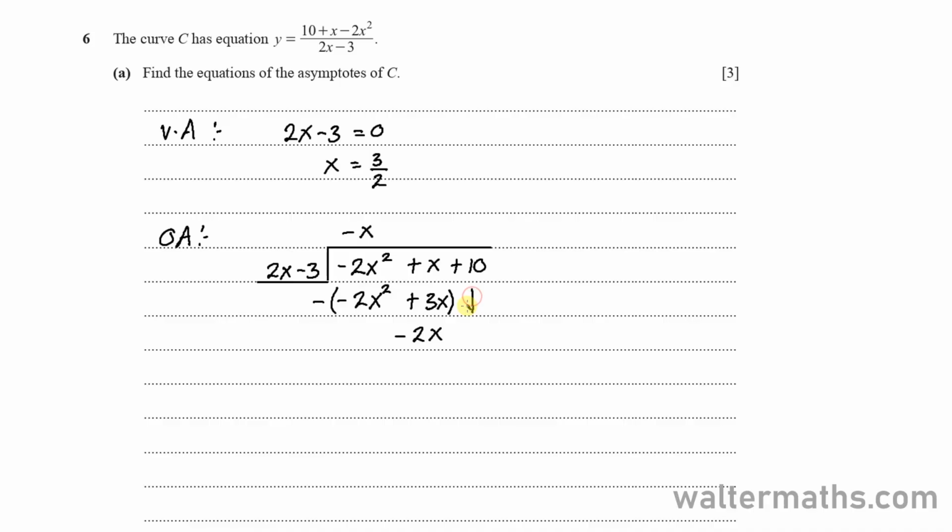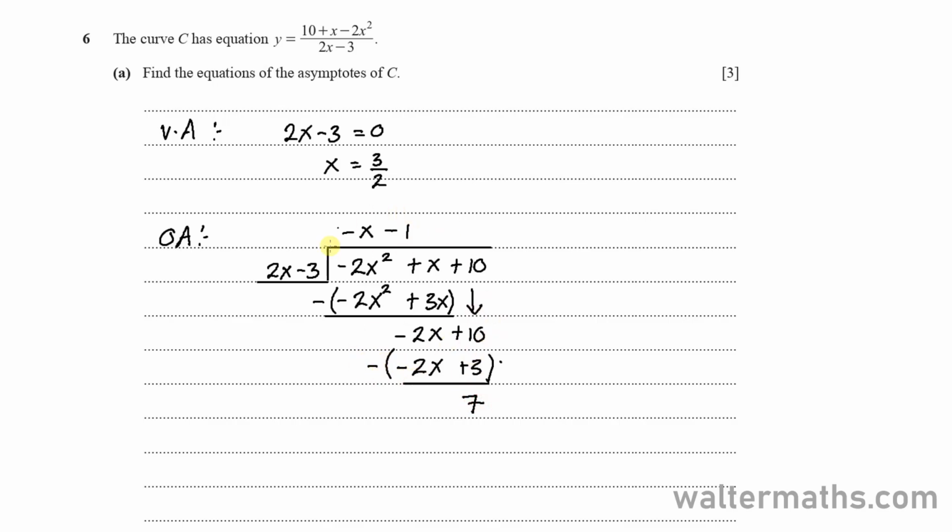Then we bring down the 10. Then I'll divide again 2x into minus 2x, and I get minus 1. So that's minus 1. And I multiply minus 1 times this divisor to get minus 2x plus 3. Then I subtract. Minus 2x minus minus 2x is 0, and then 10 minus 3 coming out as 7.